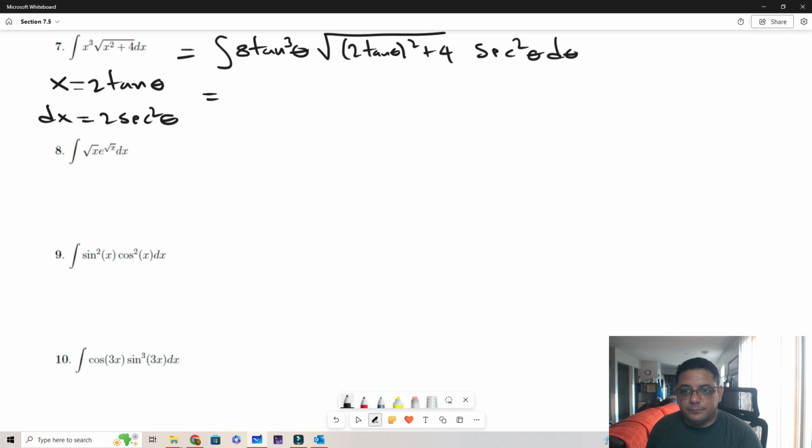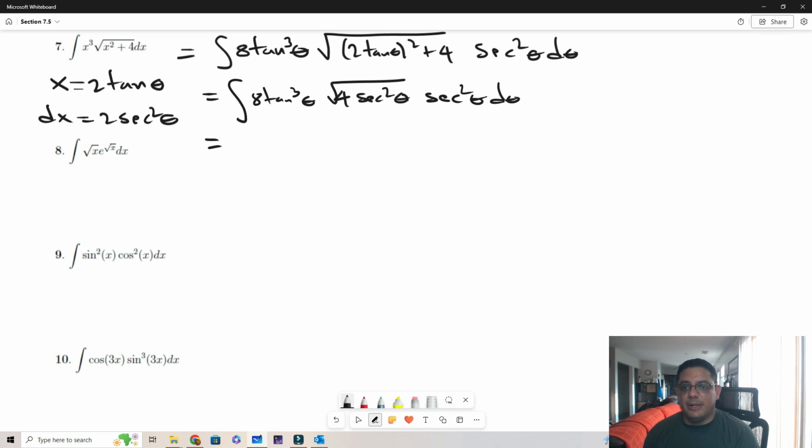Now this is 8 tangent cube, and now this is going to be 4 tangent square plus 4, which I can see now as 4 secant square, right, by identities. And so this is looking more and more like a trigonometric power. So now this is going to be square root of 4 is 2, by 8 is 16, so I'm going to pull that 16 out of the integral, and this is going to be tangent cube, and this is going to be secant cube.